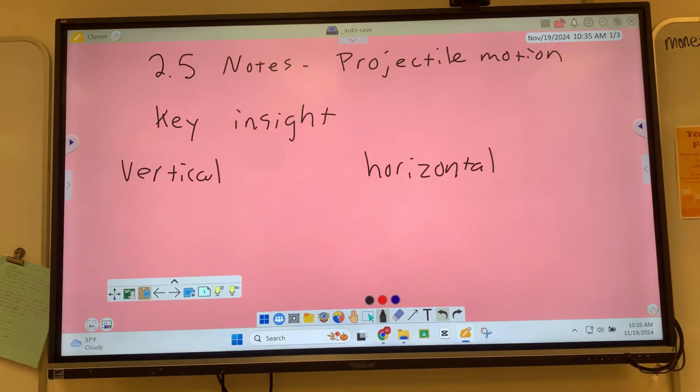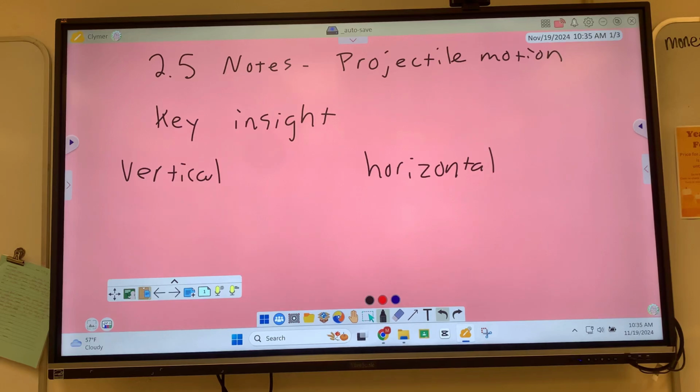Any projectile motion problem, or at least most of them, depending on how they're written, is going to have two different components, a horizontal component and a vertical component. You saw this if you did the homework last night, where a ball was kicked, a cannonball was shot out of a cannon, a bow and arrow.